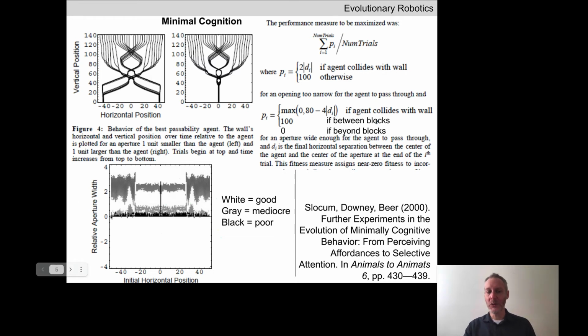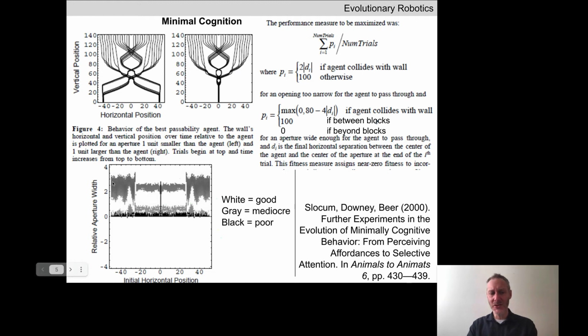The agent made quite a few mistakes when the relative aperture width was wide enough. Good job, agent. Exactly. You'll notice when the width was just barely passable, which is all the pixels that are just above the horizontal midpoint here, there's a lot of black. The agent ran away when it could, in theory, have gotten between the object pairs.